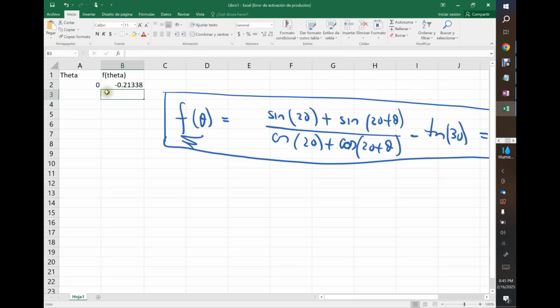Good. So let's see this work now. Oh brother, so I gotta use the seno instead of the sine like a regular Excel, so this is in Spanish. So let's get 10 degrees and let's see where we take this.